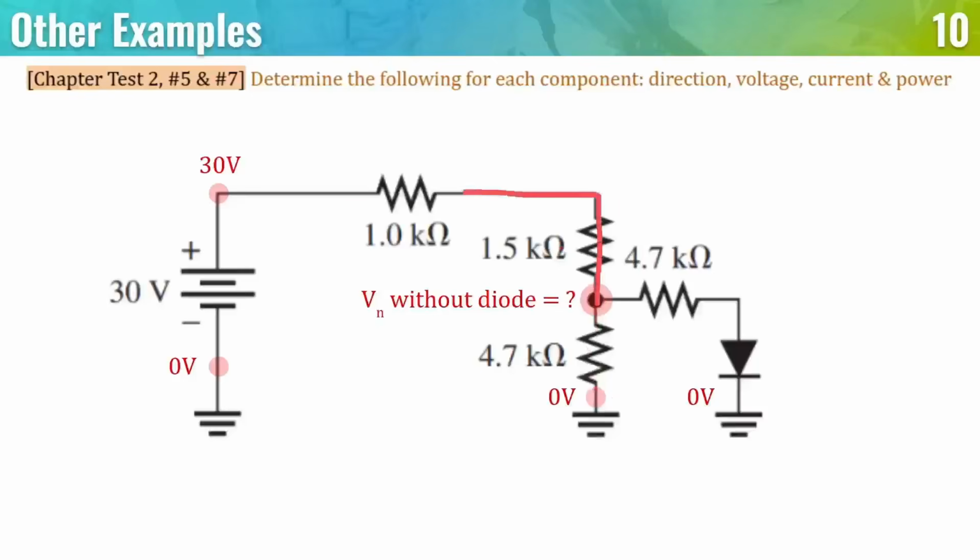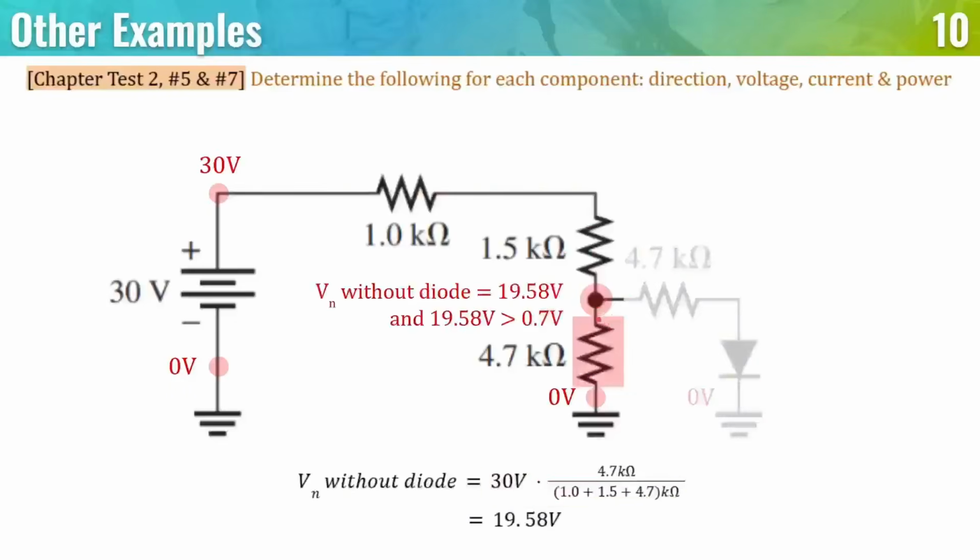You could use this one, but it would be a longer computation since these two resistors are in series. So we're going to use this one, 4.7 kilo ohms. 30 volts times 4.7 kilo ohms over the total resistance in kilo ohms shows us that this resistor is getting 19.58 volts of the 30 volts.